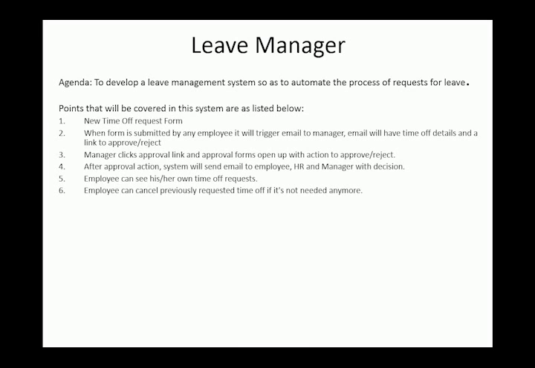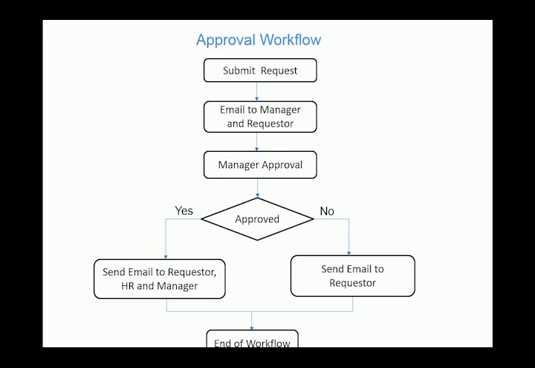So now this is our approval workflow, which is just now what we have discussed. An employee will submit the request, it will trigger an email to manager and requester. It will go through the manager approval process, and based on approval or rejection, emails will be triggered.